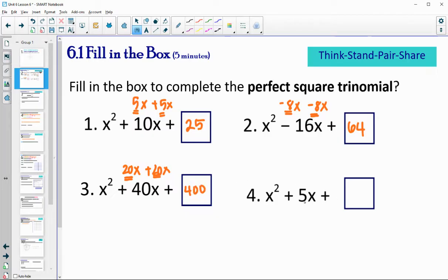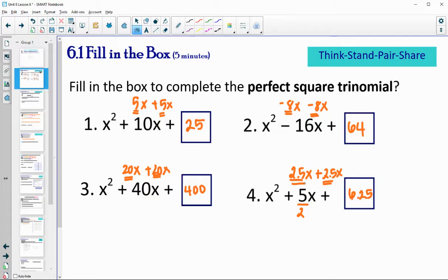And then this one, not a nice number, not an integer here. But you could have taken 5x and divided it by 2, so that if you're working with decimals, you got a 2.5x and a 2.5x. And then multiplied that together, 2.5 times 2.5, and got 6.25.